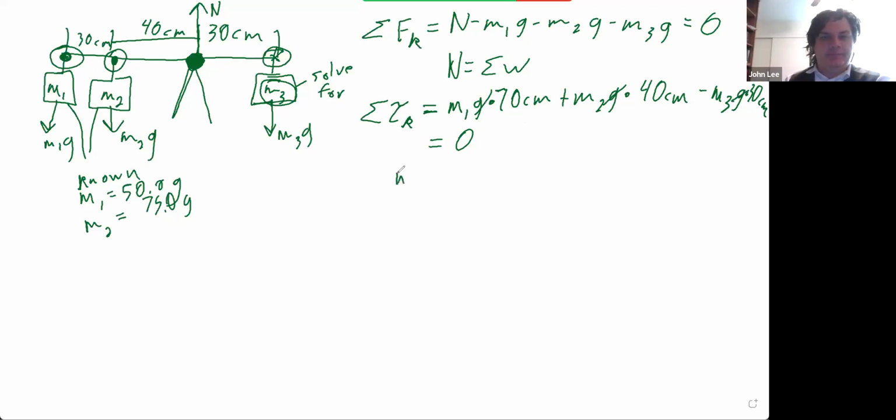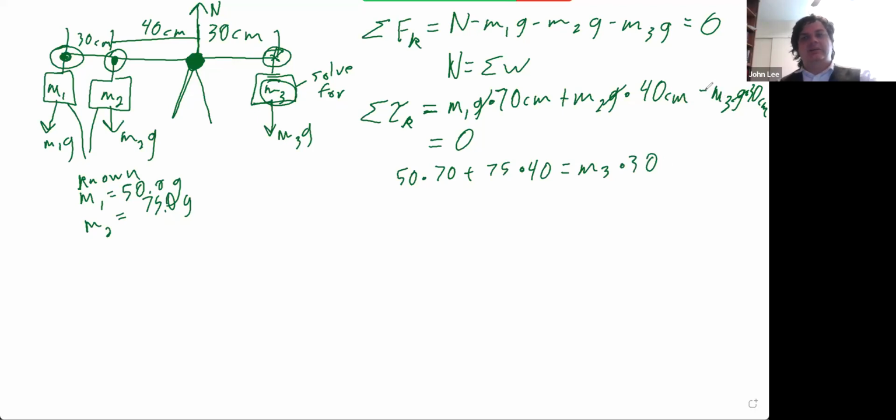So M1, 50 times 70 plus 75 times 40 equals M3 times 30. And then, of course, know that M3 has an opposite sign because it's pointing in the opposite direction. So you need to figure out whether it's pointing into the page, out of the page, or whatever you have using the right hand rule.